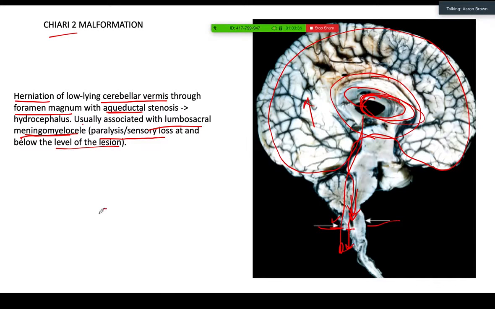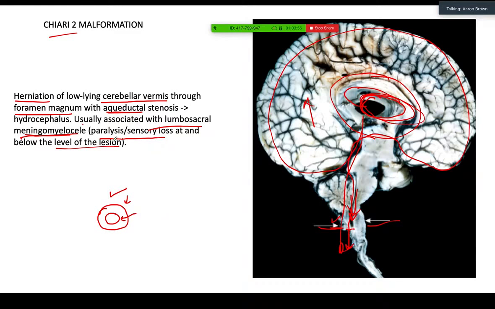We have our notochord, which closes and will become the bone that encapsulates all of the nerves of our spinal cord. Okay, and so this is what it's supposed to look like embryologically. Here's our notochord, here's our spinal cord inside, and we're going to have this nice closed off space.